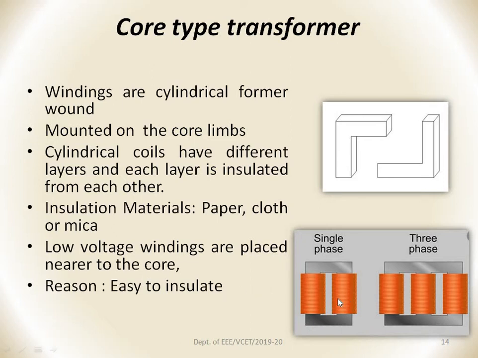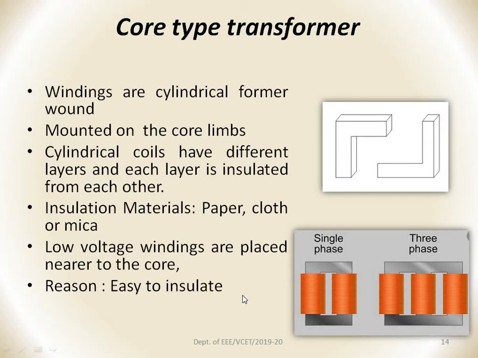So here the primary coil and the secondary coil, when wound over the limb, insulation materials are used. The insulation materials commonly used are paper, cloth or mica. And here the low voltage winding is placed near the core.